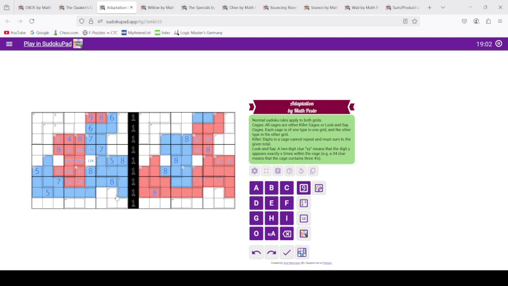Hmm. 7 is one of those two cells. 8 is one of those two cells. 8 goes in one of those two cells. 12 is in one of those three cells.